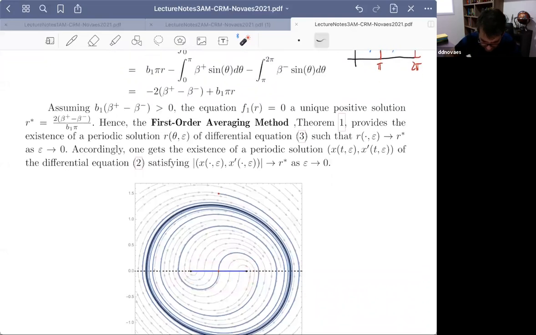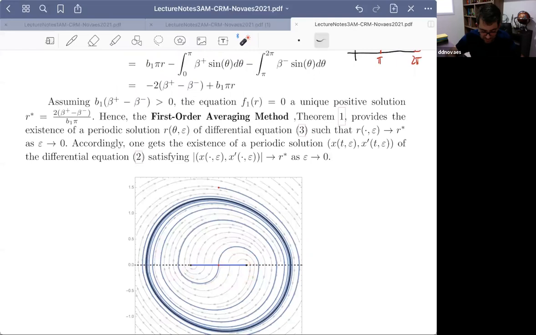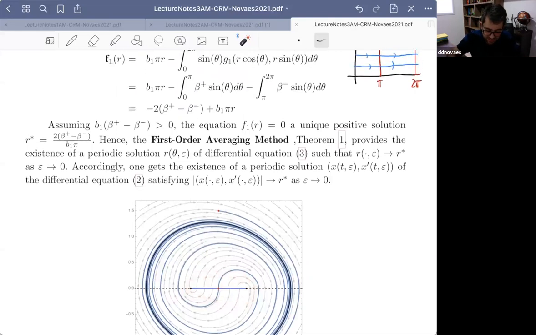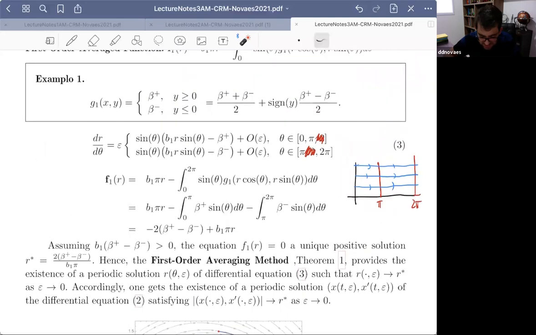It's not the fold because there is a collapse of two singularities here, and then we are just breaking this point, and when we do that, an escape region appears, and a limit cycle always appears bifurcating from this point. In this case, the Hopf bifurcation parameter is beta plus minus beta minus.